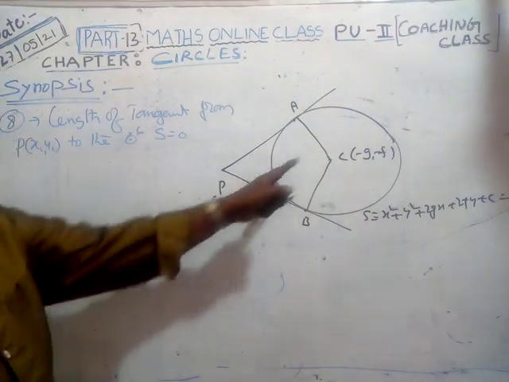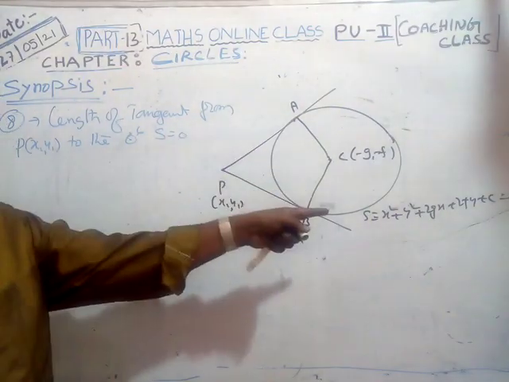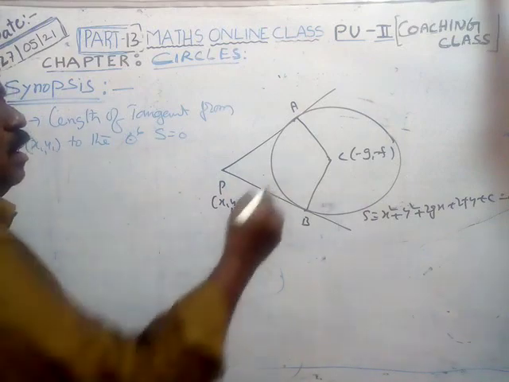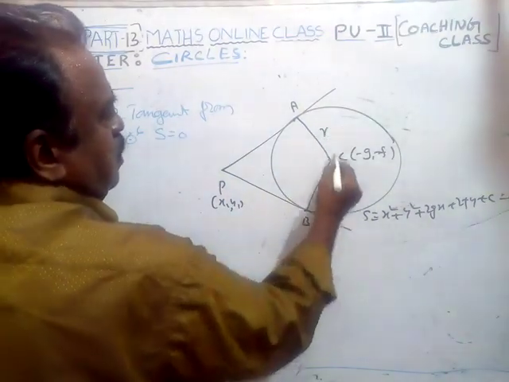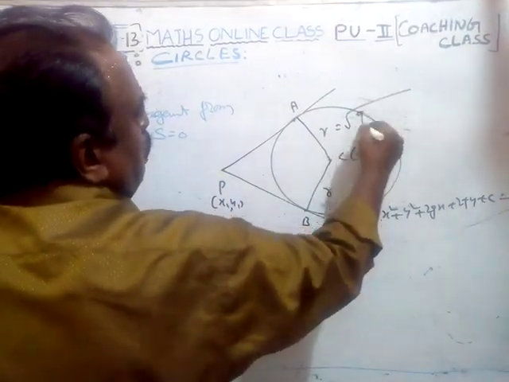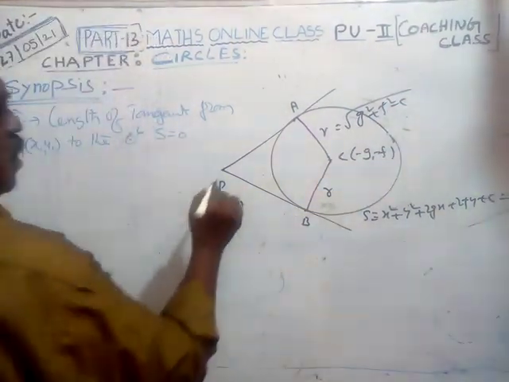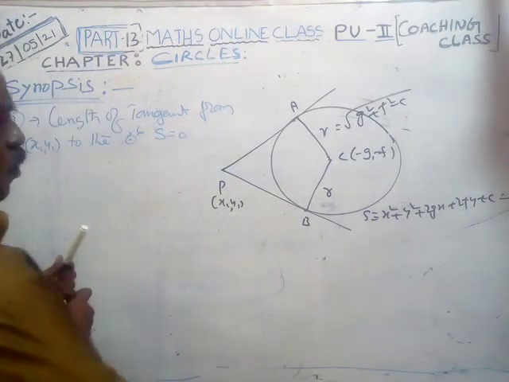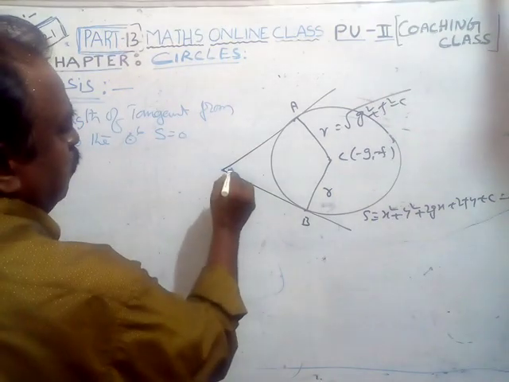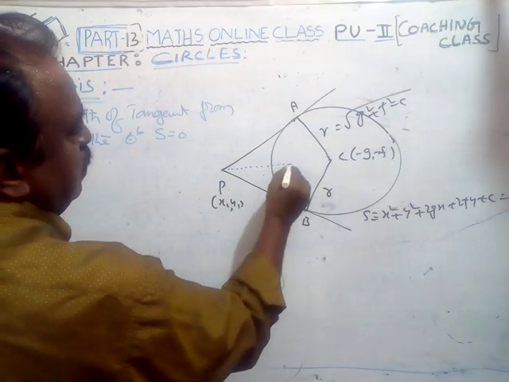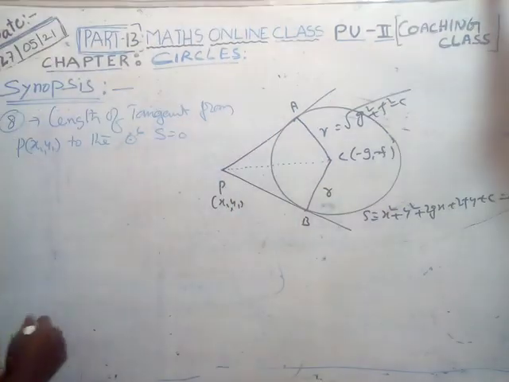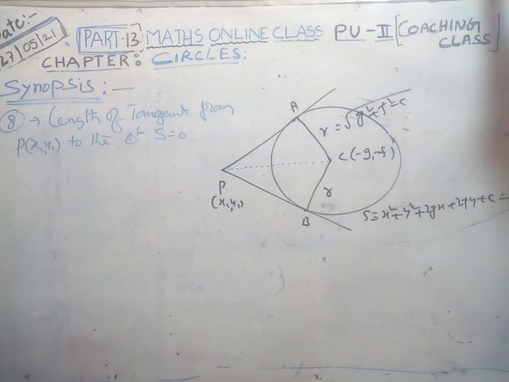So the center is (-g, -f), we know it well, and radius is r. R means, you know it, root of g square plus f square minus c. Suppose you join the point from where the tangents are drawn to the center of the circle.